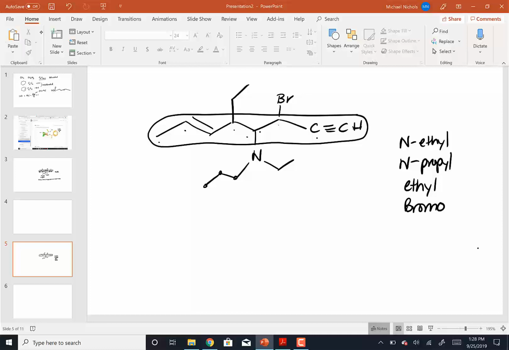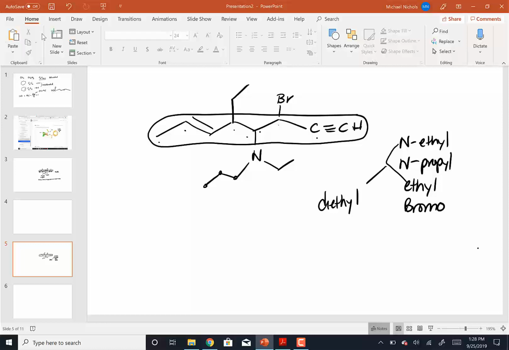Now, when you have two types of ethyls, one that's attached to nitrogen and one that's attached to the chain, I'm still going to gather those up. So these two are going to become a diethyl in the naming.